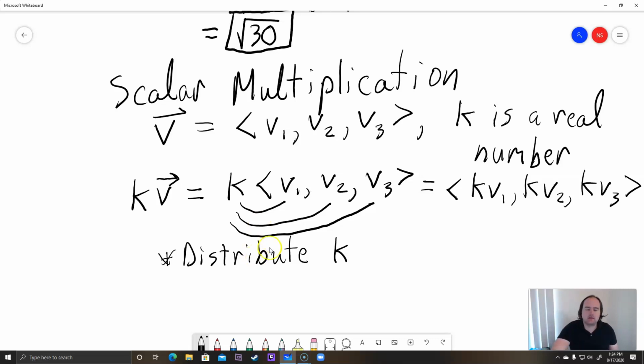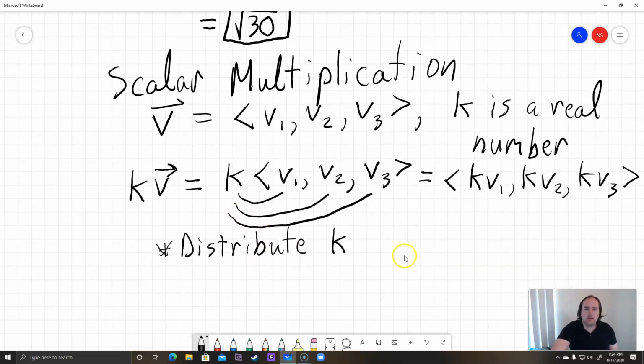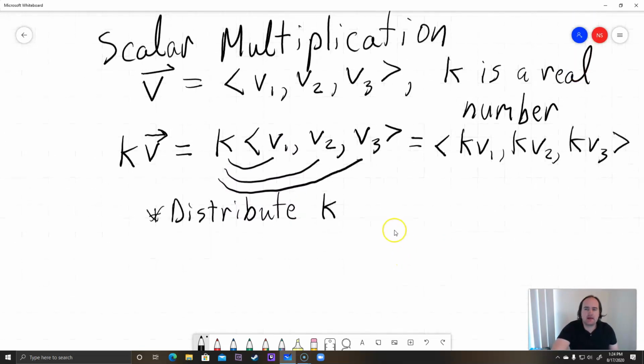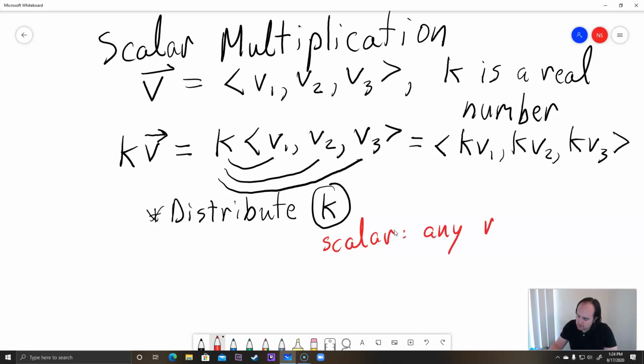And it'll probably be easier for you to understand when we do an actual example. But keep in mind that k is a real number, and if it's a real number, that's called a scalar. So k is actually a scalar. A scalar is any real number.